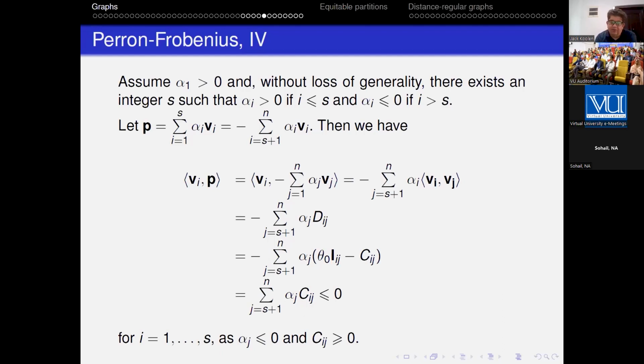So that is the sum over s plus 1 to n of alpha j times cij. And the alphas are all negative and the cij's are all non-negative, so these are at most zero. So we see that this inner product is at most zero.